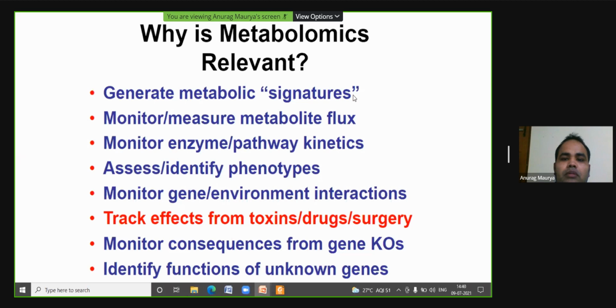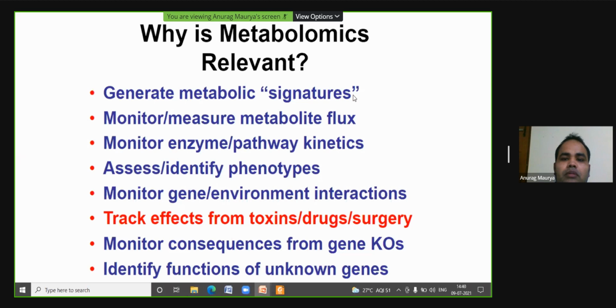Here you can measure multitudes, tens to hundreds of metabolites, at one time with no separation. Separation means that previously, for the study of any metabolite, first you had to isolate or separate it from other metabolites.